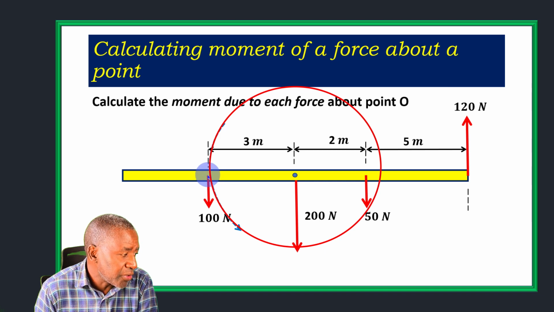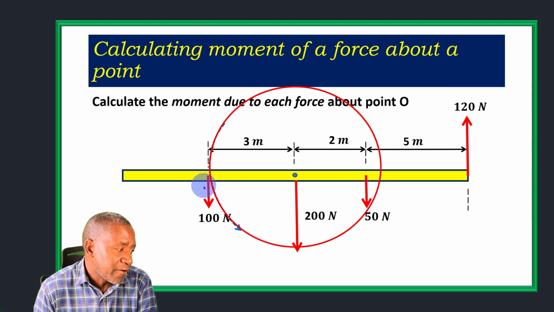Then at this point, we are going to look at the direction of the force. The force is tangential to the circle at this point. The force makes a tangent to the circumference at this point.